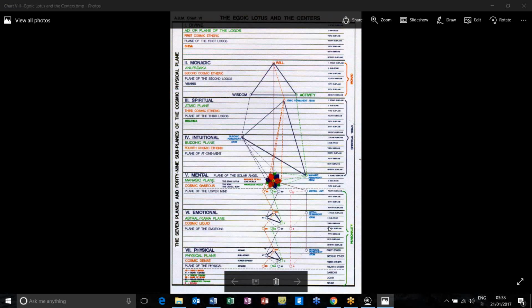Here, I think you see it, that the aspects of the spiritual triad are related to specific petals of the egoic lotus. The manasic permanent atom to the knowledge petals, the Buddhic permanent atom to the love petals, and the atmic permanent atom in the triad to the sacrifice petals.